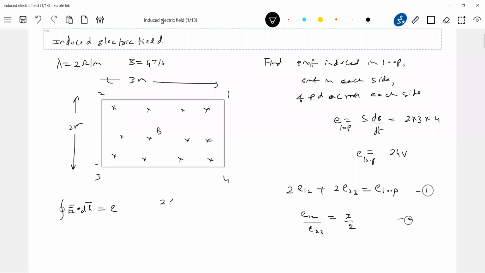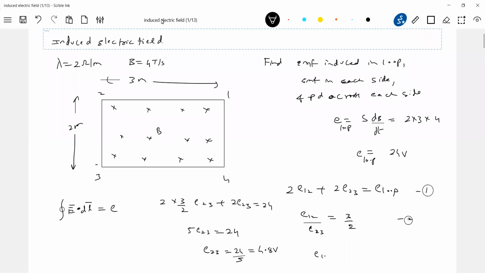Substituting this, 2 E12 plus 2 E23: E12 will be 3 by 2 E23, so 5 E23 is equal to 24, or E23 equals 24 by 5, which is 4.8 volt.